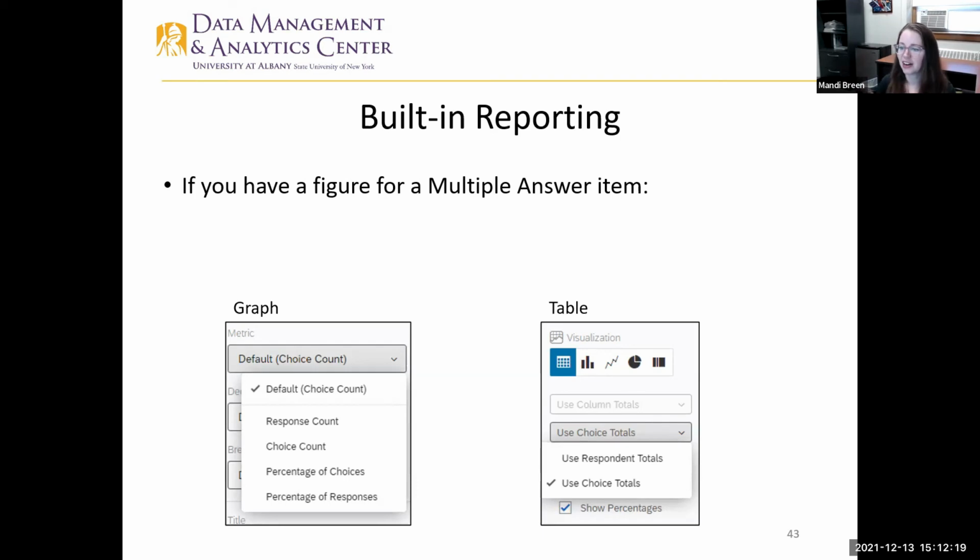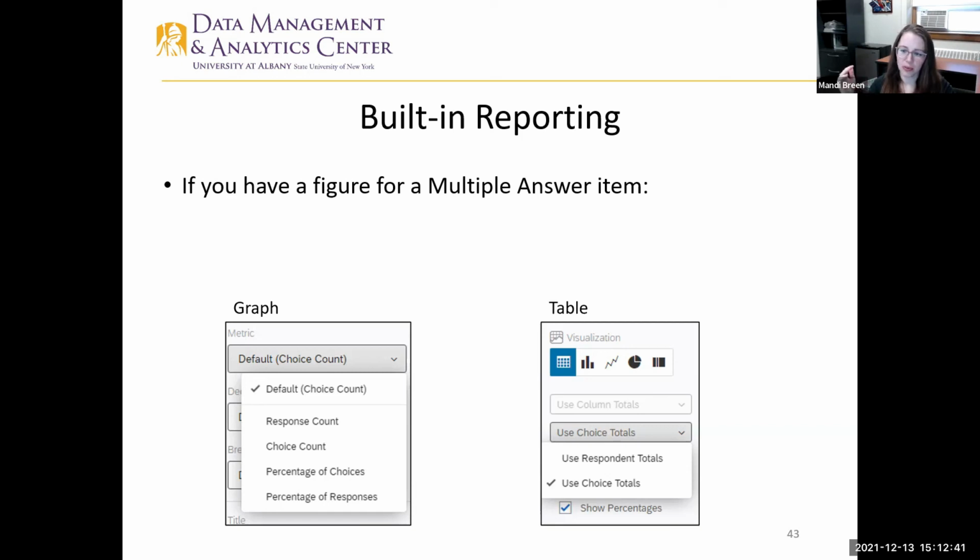I've gotten flustered, so let me start over. Let's say you have 100 respondents and 110 responses because people could select multiple counties. That's where you might get tripped up and want to make sure that you're choosing the right option here.